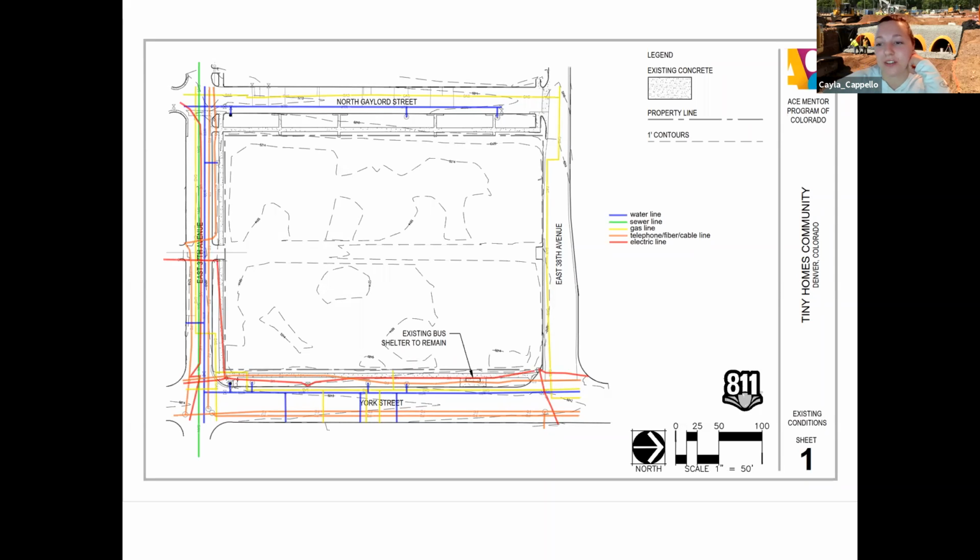A little zoomed out too. What about Gabriel? Do you remember any of the things we talked about? I remember seeing all this before. The only thing.